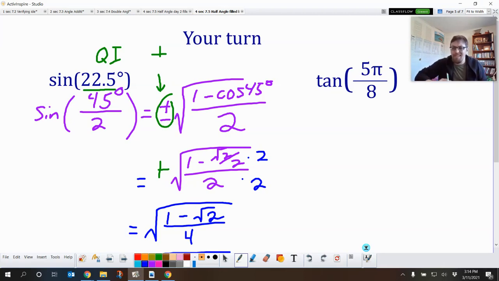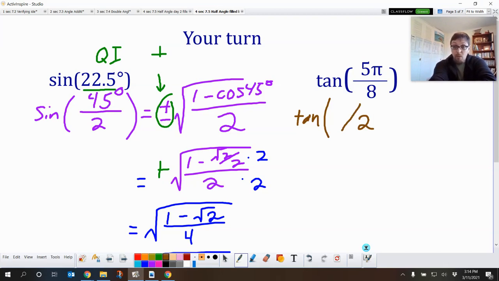Tangent of 5 pi over 8. I never learned my pi over 8s, and I don't want to. But today's kind of our half angle day. I could potentially do this with double angles or half angles, but it's half angle day, so I'm going to do half angle. So I say to myself, okay, well, today's half angle day, so I want to do something divided by 2 to get me 5 pi over 8.